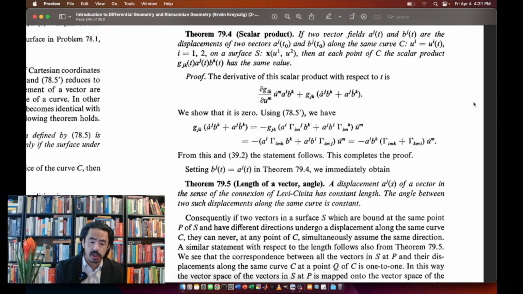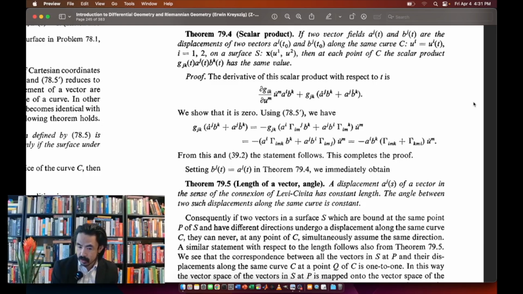We have that g_jk times the quantity a-dot^j times b^k plus a^j times b-dot^k, closed quantity, equals negative g_jk times the quantity a^i Christoffel_im^j b^k plus a^j b^i Christoffel_im^k, closed quantity, times u-dot^m, which is equal to the negative quantity a^i Christoffel_imk b^k plus a^j b^i Christoffel_imj, closed quantity, times u-dot^m.